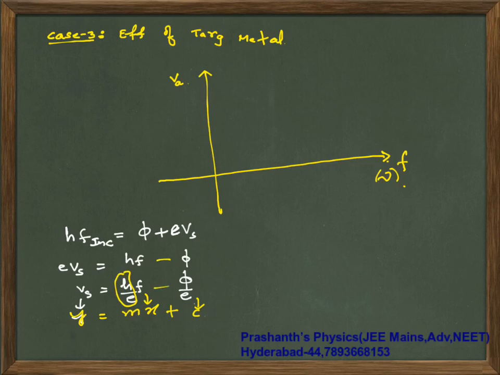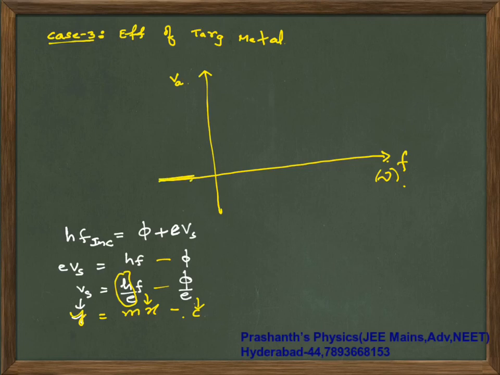So now it is in the form y equal to mx minus c. Now if you look at this graph, y equal to mx minus c, your c is the intercept. When x is 0, what is y? When x is 0, your y is minus c, right?